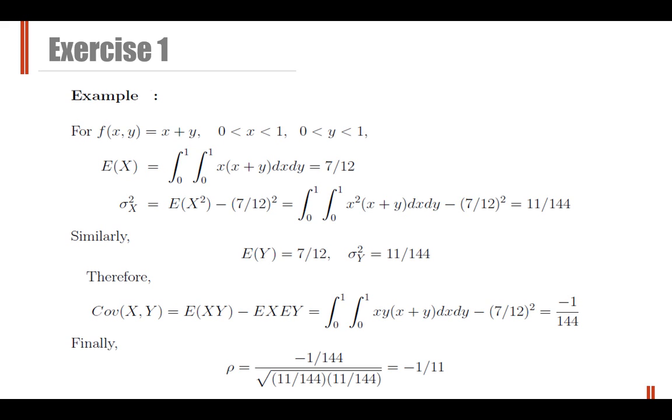Therefore, the covariance of XY equals the expectation of XY minus the expectation of X times the expectation of Y, which equals negative 1 over 144. And finally, we can calculate the correlation coefficient of XY, which equals negative 1 over 11.